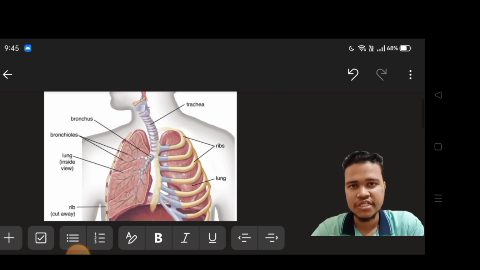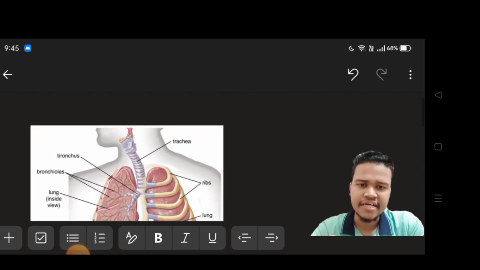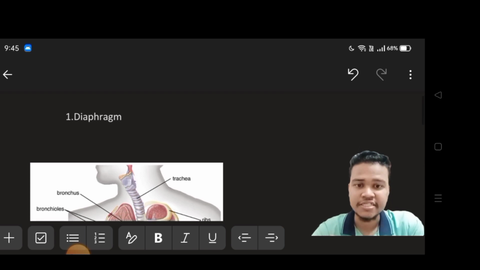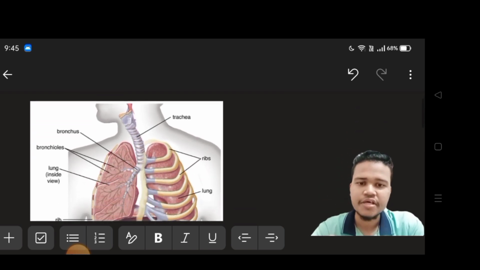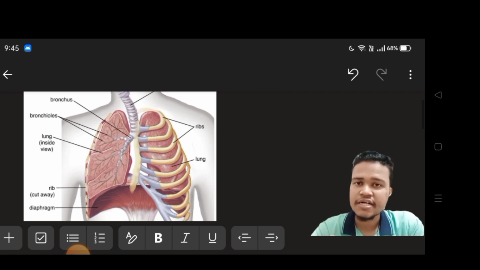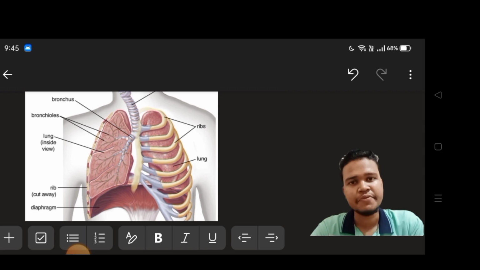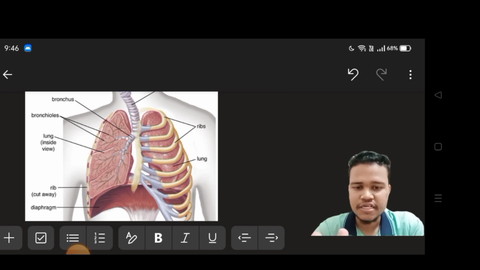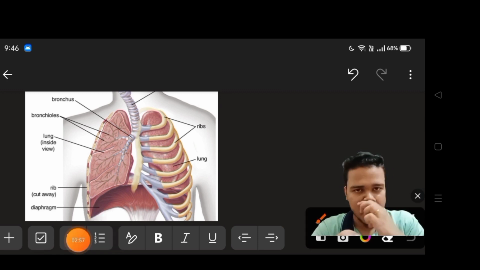There is a very interesting thing that I have written here: the diaphragm is our first slide. What does diaphragm actually mean? Diaphragm is a separation between our thoracic cavity and our abdominal cavity.